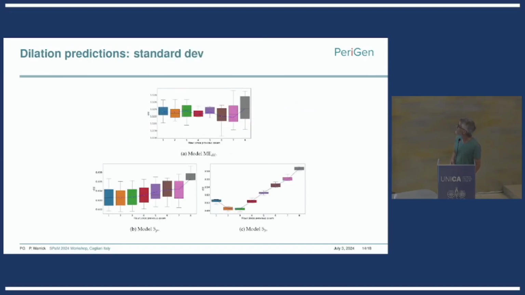This graph is showing how much standard deviation we have in our predictions, which gives a sense of how confident the model is about its prediction. On top is the baseline model, which was the mixed effect statistical regression model.